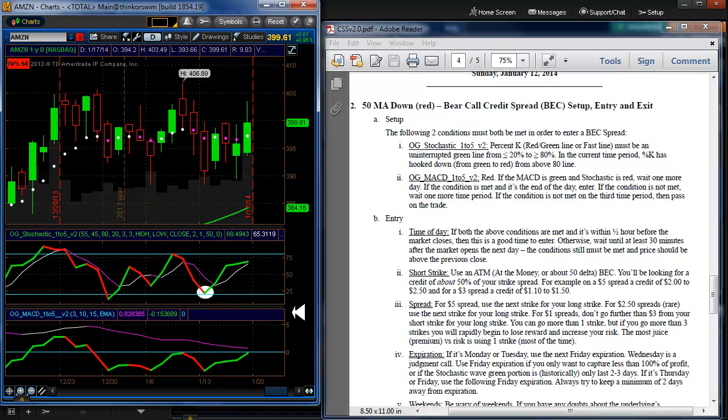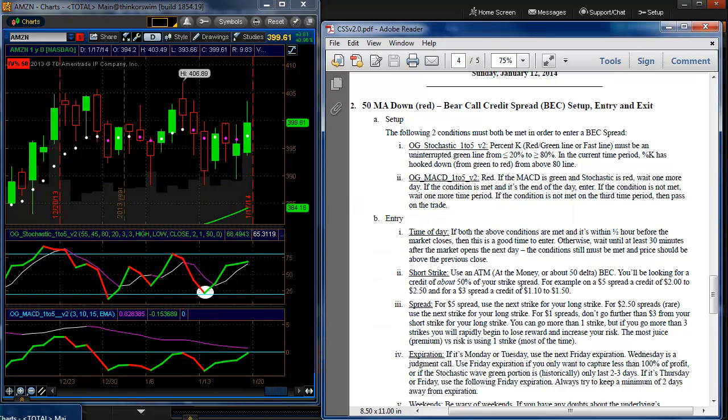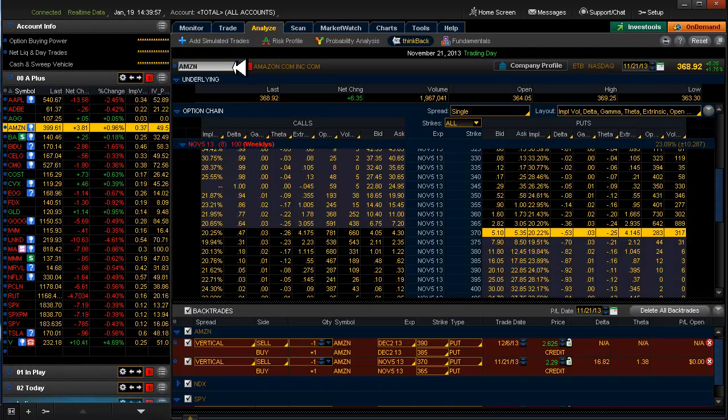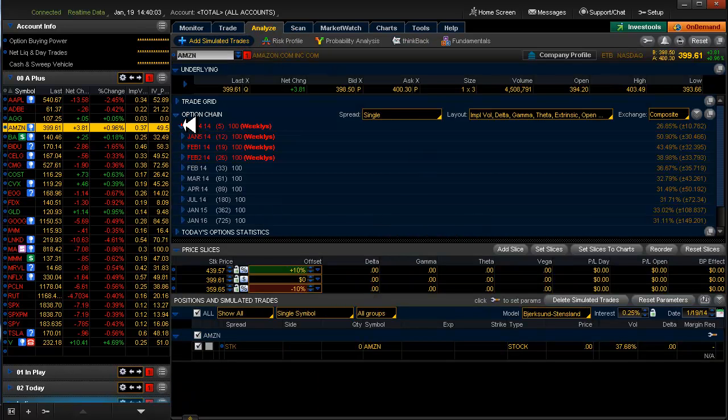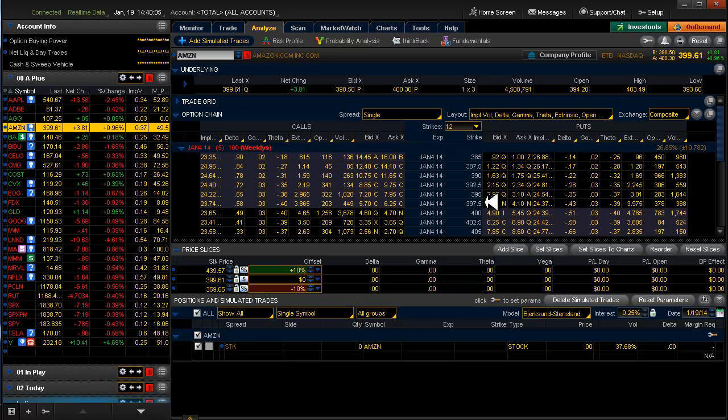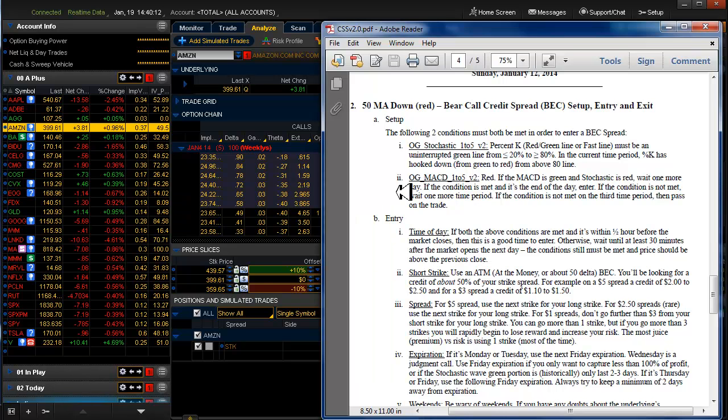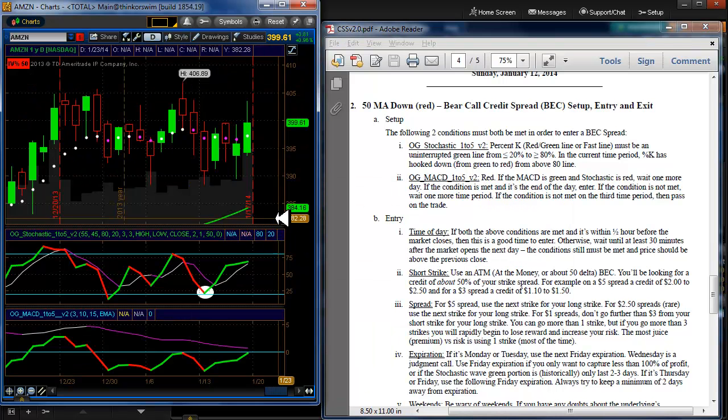Let's check to see if they have the 250 spread on Amazon close to expiration. Yes, they do. So they started with these 250 spreads, so it's quite possible you could have gotten in on this particular date at 397.50.